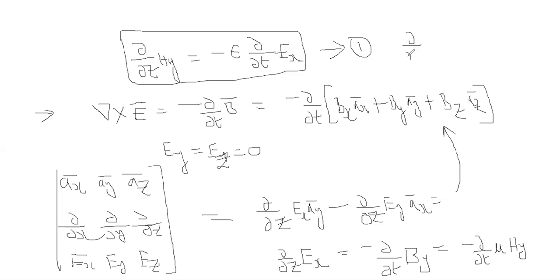Dou by dou z of Ex is equal to minus mu into dou by dou t of Hy.